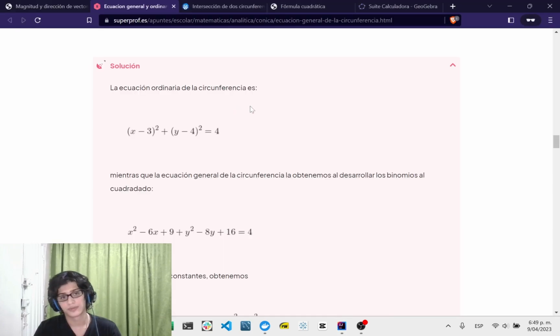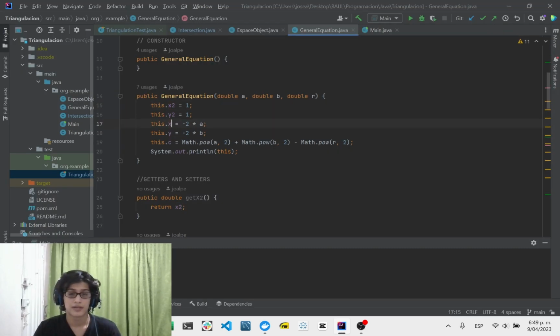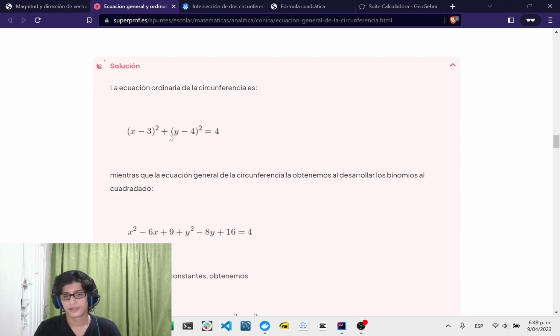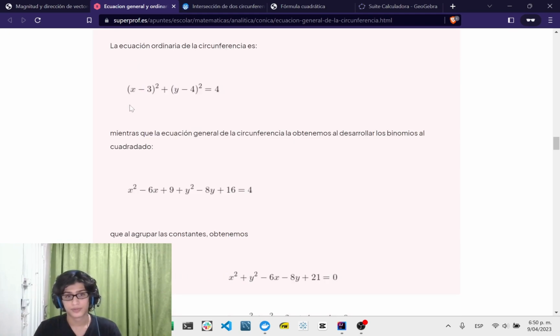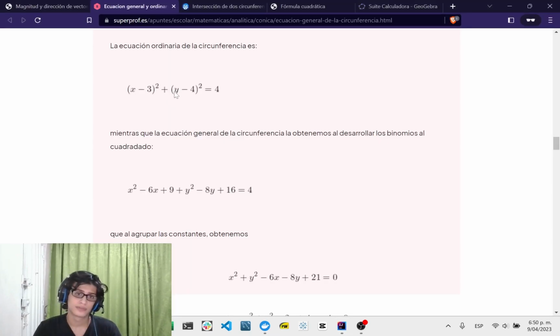X raised to 2 is equal to 1 because there is only one x raised to 2, and x is the operation of a polynomial, right? X raised to 2 multiplied by minus 3 multiplied by x, right? X is 1, so it's the same, and it's the same with this.